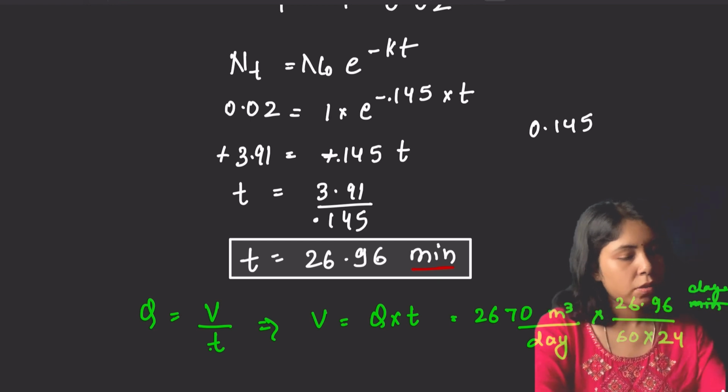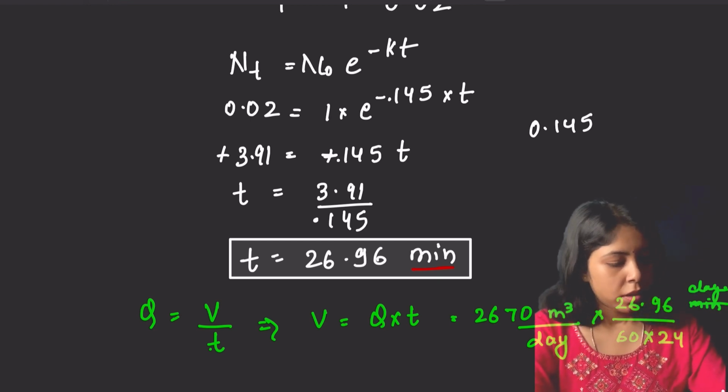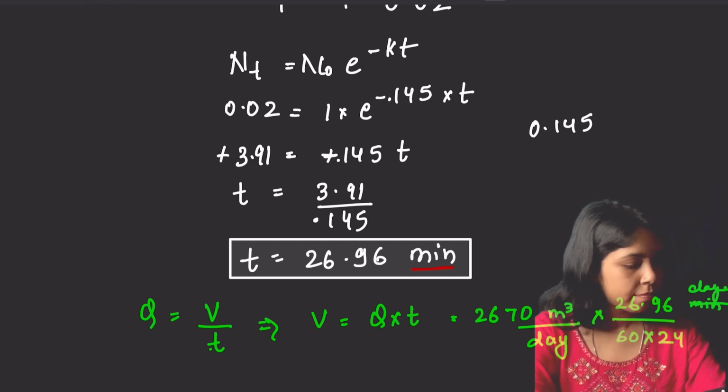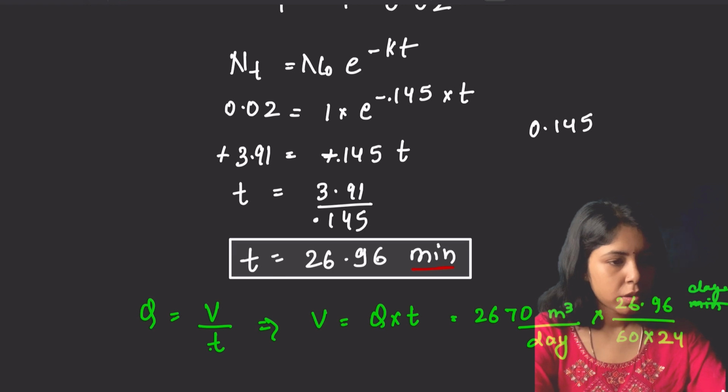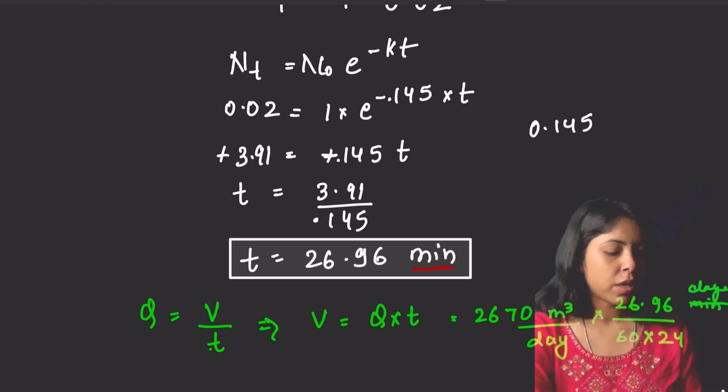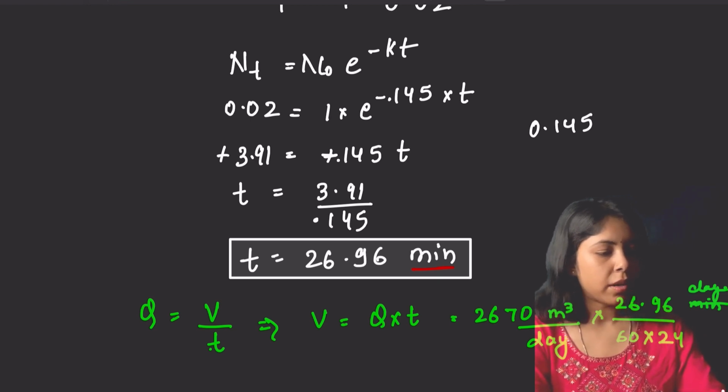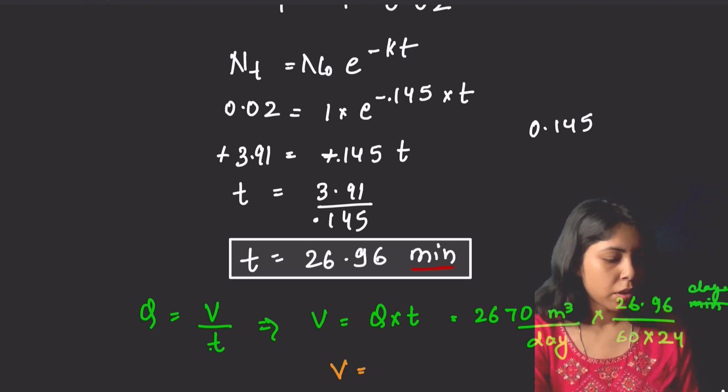Now if we calculate 26.96 into 2670 divided by 60 divided by 24, this is actually the volume that came here, which is 49.99.